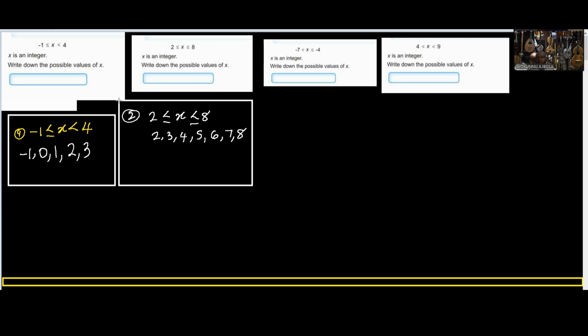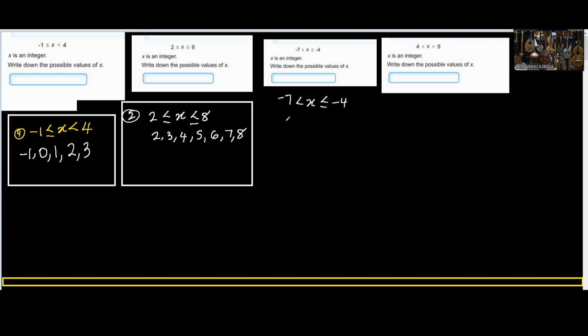Then the next one, number 3, we have -7 less than x, then x less than or equal to -4. For this one, we have -7 is less than x. That means -7 can never be x. Is that clear?